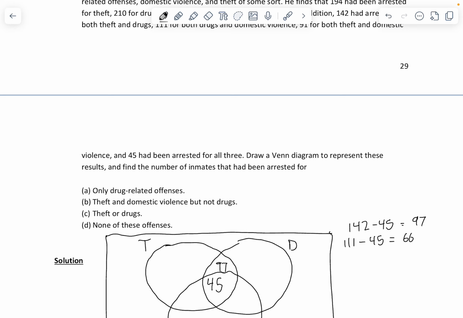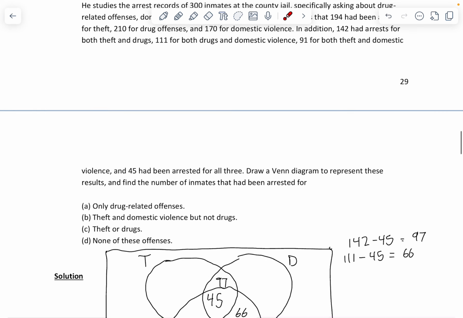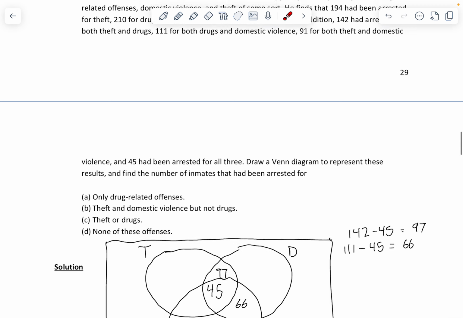So that tells me that this region has to be 66. 66 plus 45 is 111. That represents the number who had been arrested for both drugs and domestic violence.